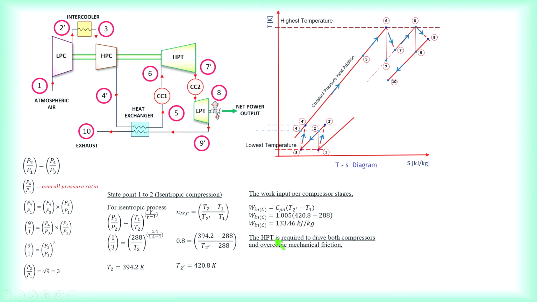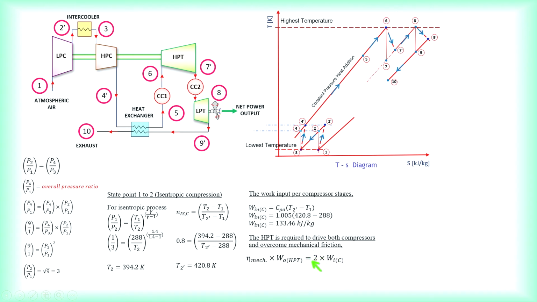The high pressure turbine is required to drive both the compressors, as mentioned in the question, and to overcome mechanical friction as well, since the mechanical efficiency is given as 98%. When you look at the diagram, you can see the high pressure turbine is driving both the compressors on the same shaft. Therefore, whatever work output you have here, you multiply by 98% and equate it to both compressors' work.